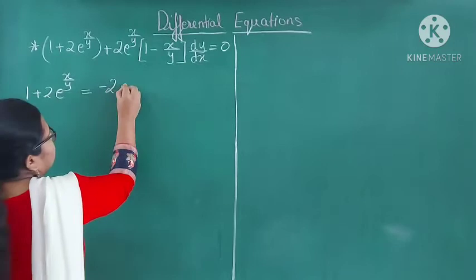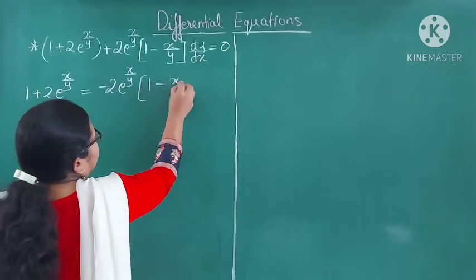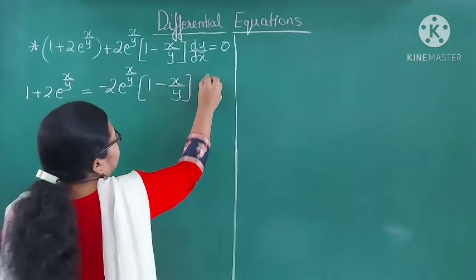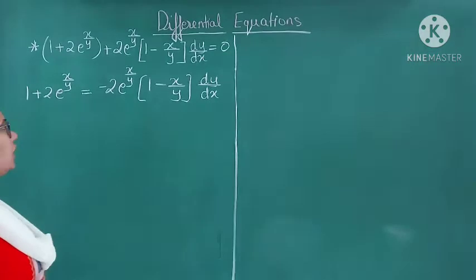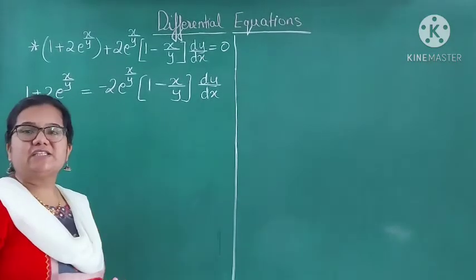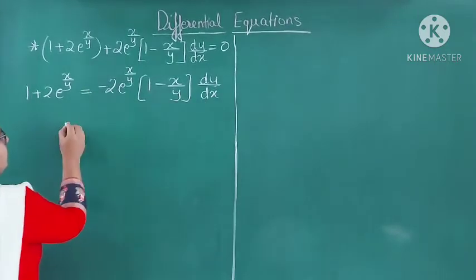So minus 2 e raised to x upon y into 1 minus x upon y into dy by dx. So the term becomes minus. Now I have to write it in the form of dx upon dy, so I will just cross multiply these terms.